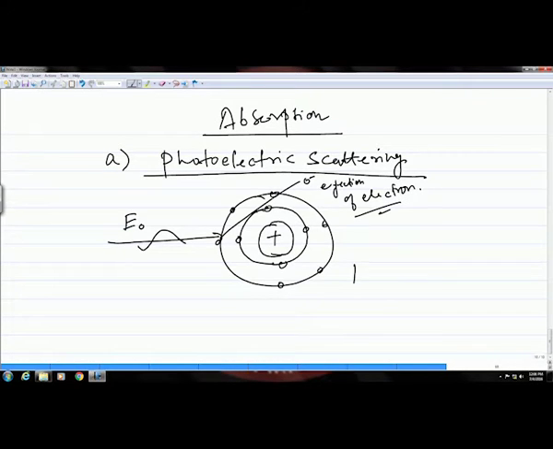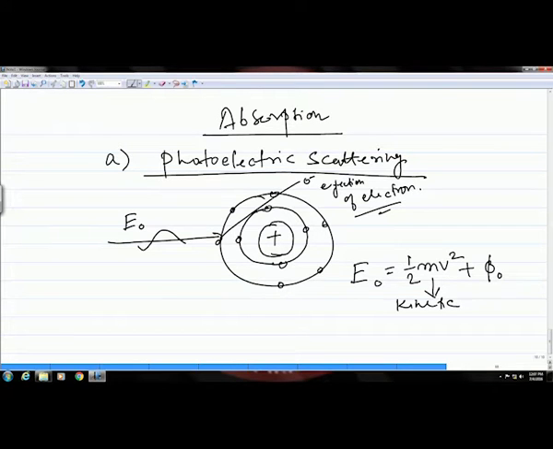So, if you see the energy balance in this case, this is the kinetic energy which is given to the electron when it is ejected from the outer shell of the atom.